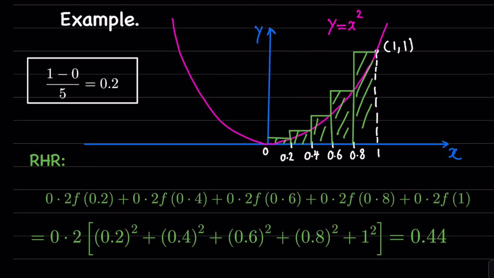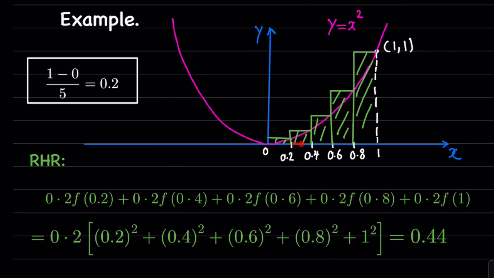Now I construct these rectangles, and for the height of each rectangle, I'm going to use the value of the function at the right-hand side of these intervals. So for the first subinterval, the right-hand side is 0.2, and I choose the height to be the value of the function at that point. You see that I have a small rectangle here, and that's what I'm going to use for my approximation.